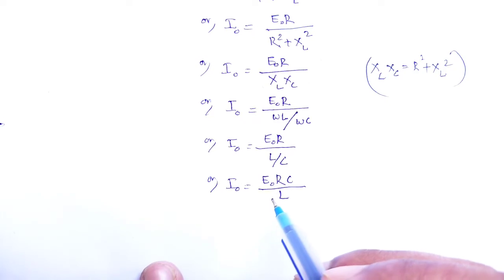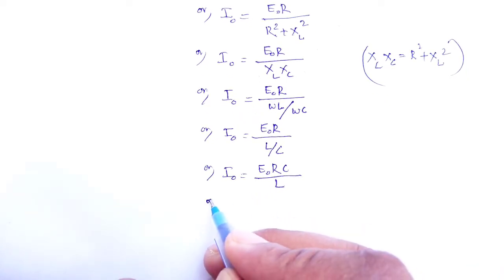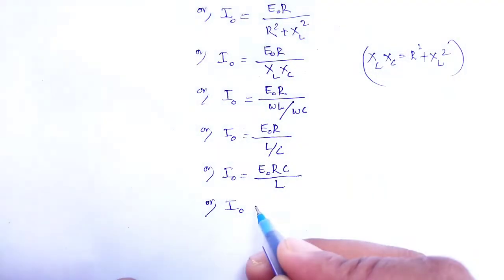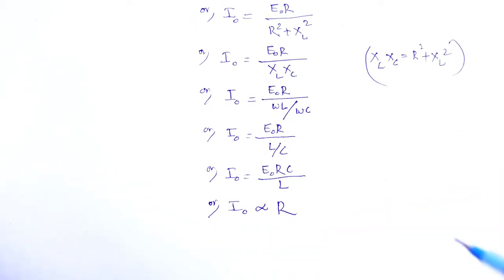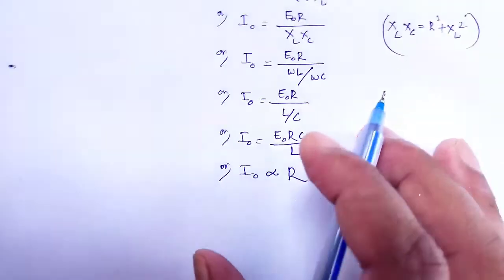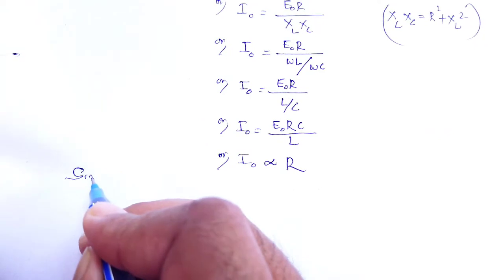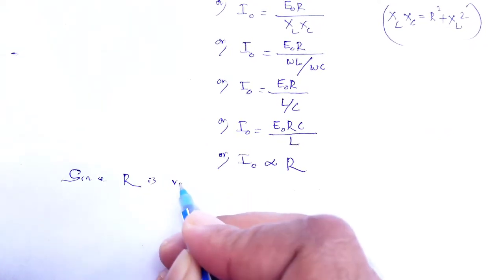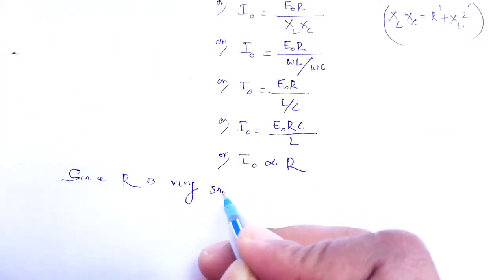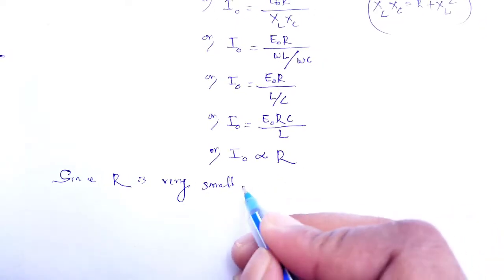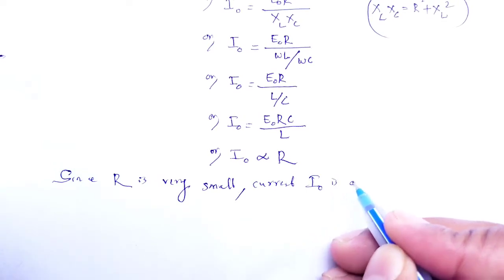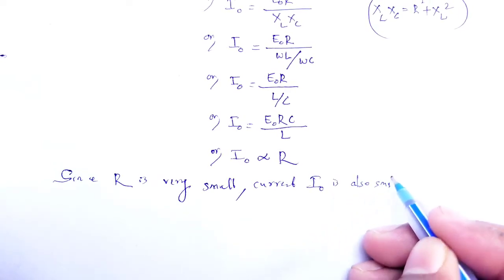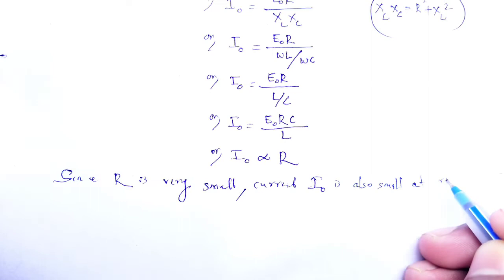From that equation it shows that I naught is directly proportional to R. Since R is very small, current I naught is also small at resonance.